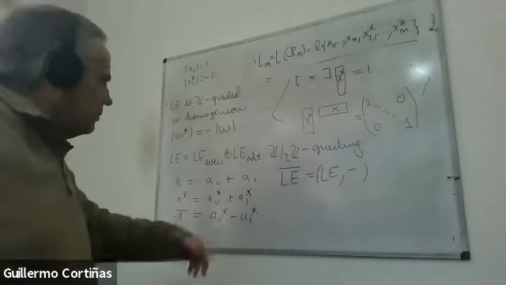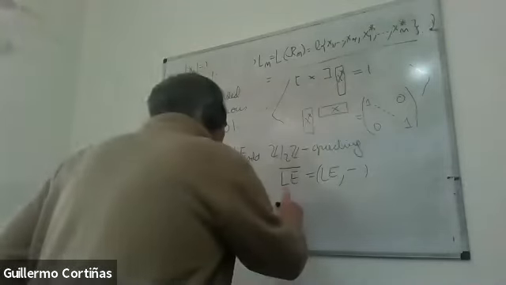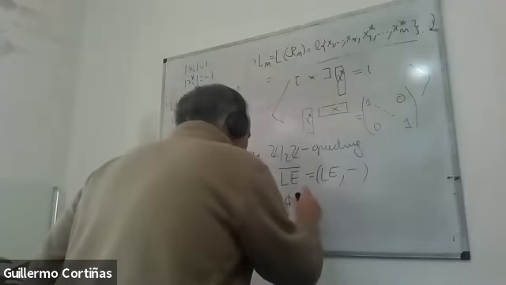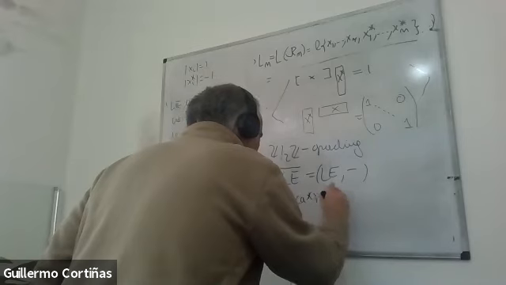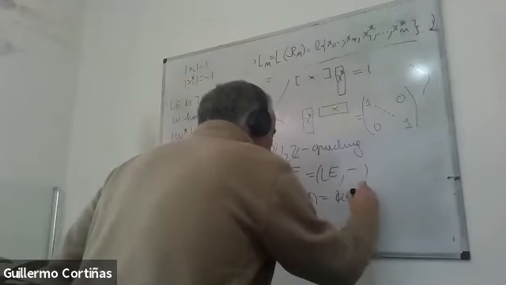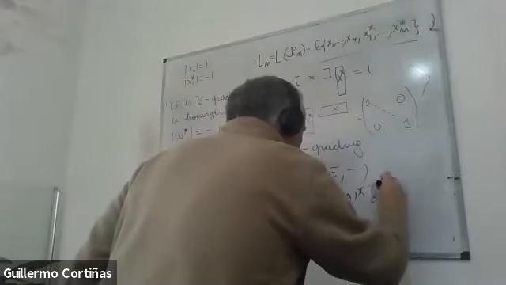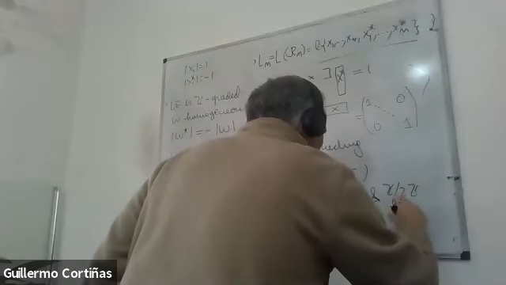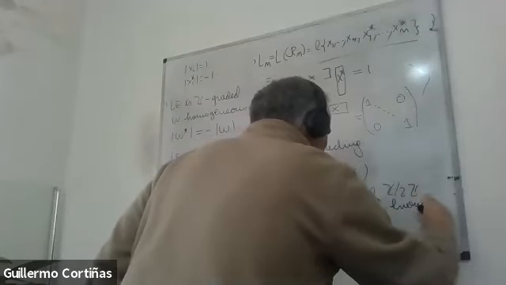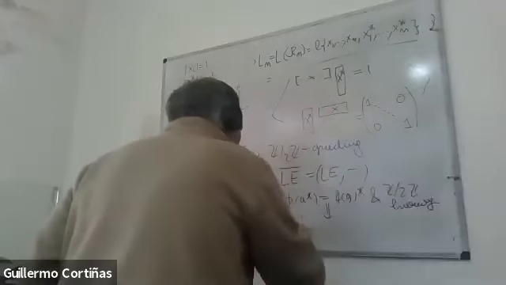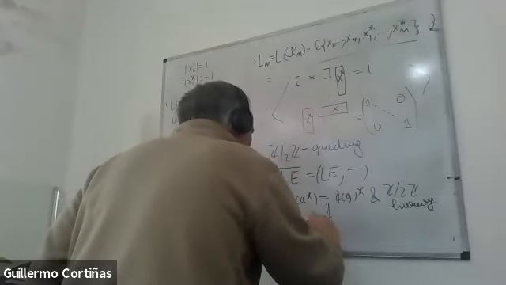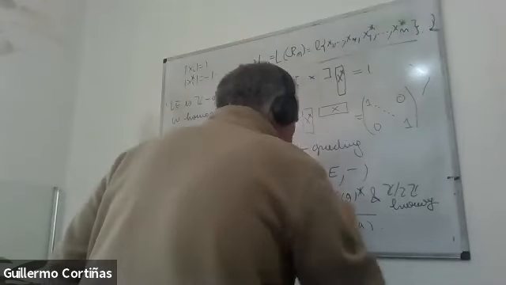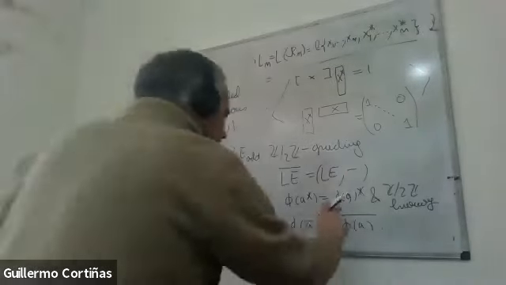Because if phi of A star equals phi of A star and C mod 2C homogeneous, implies that phi of A bar is phi of A bar. This is an A.